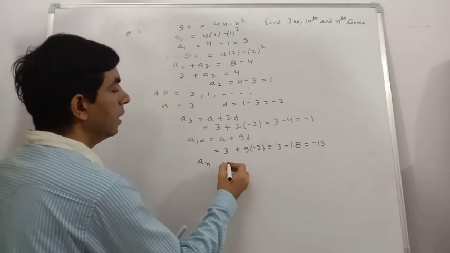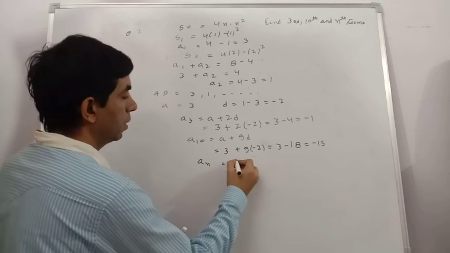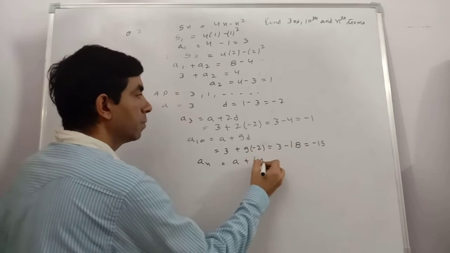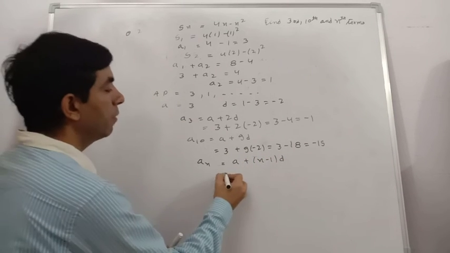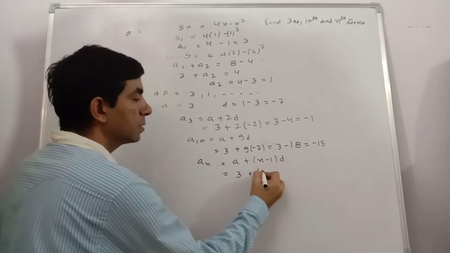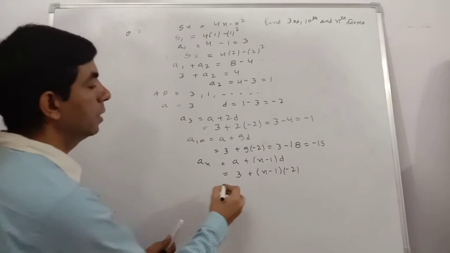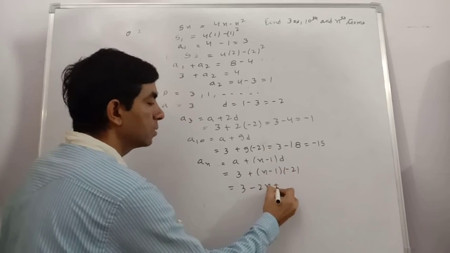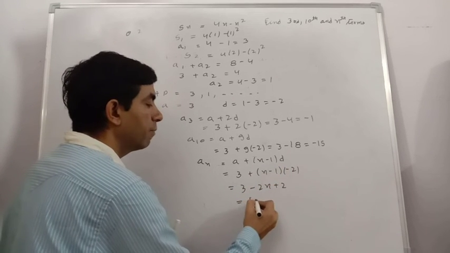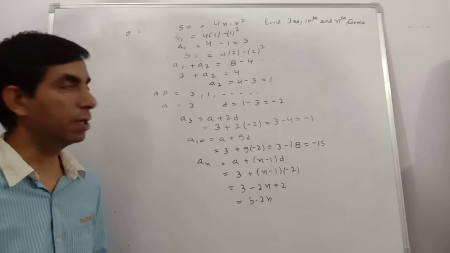So An equals A plus n minus 1 times d. Put the values: A is 3 plus n minus 1 times d, where d is minus 2. Solve it: 3 as it is, minus 2 multiplied by n minus 1 gives minus 2n plus 2. Then our answer is 5 minus 2n. It is the An.